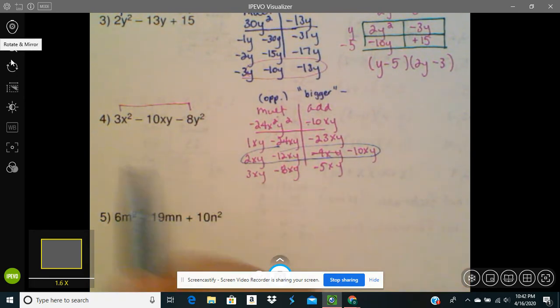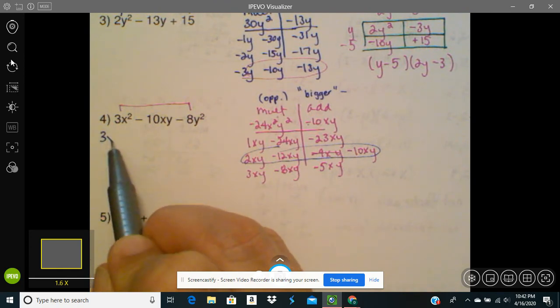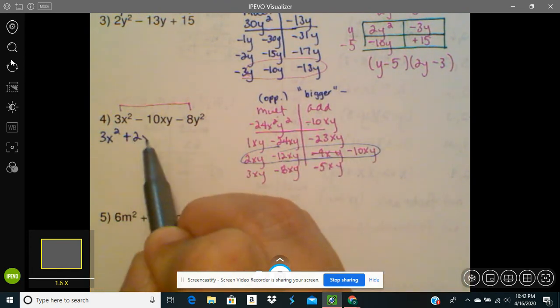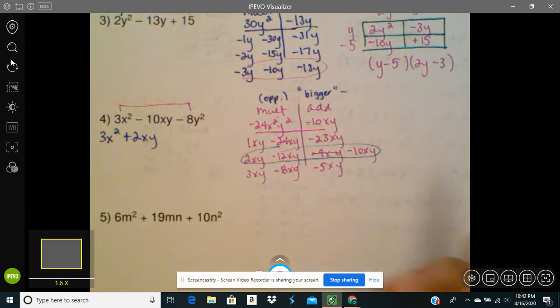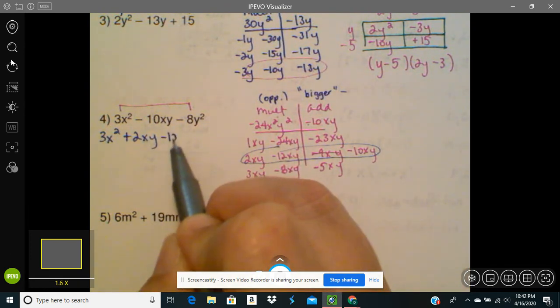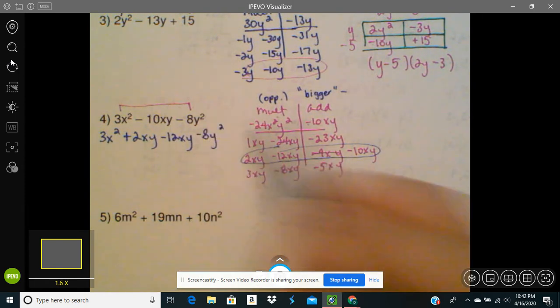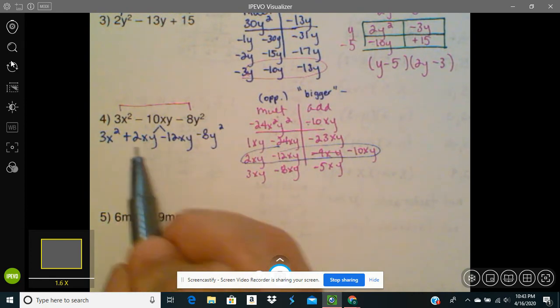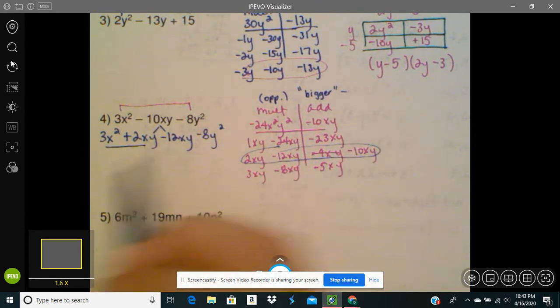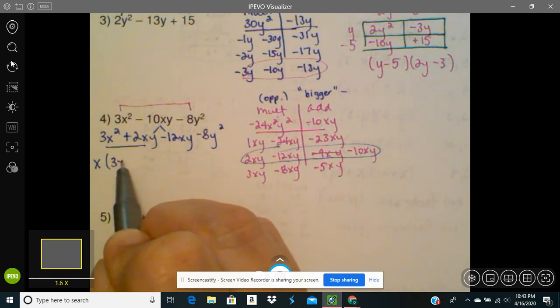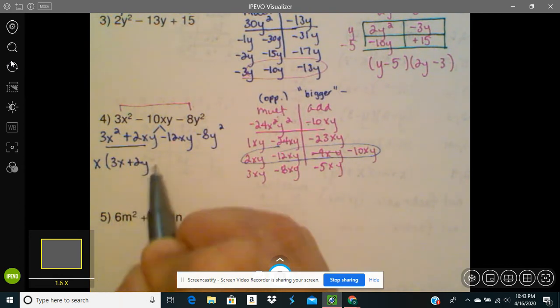All right. So we're going to break this up as 3x squared plus 2xy minus 12xy minus 8y squared. So that's how this breaks up. So let's put these two together. We have a greatest common factor of x. We're left with 3x plus 2y.